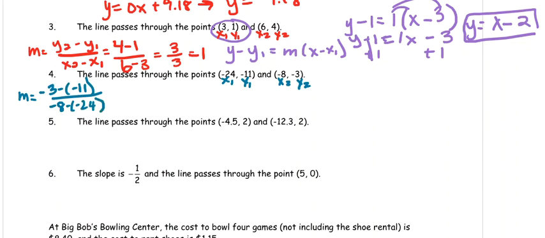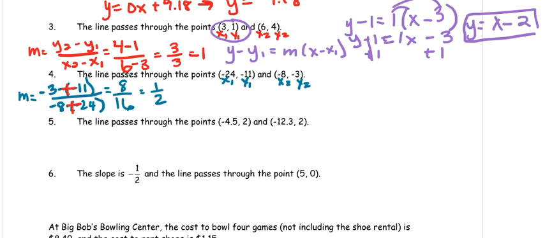And when this happens, negative, negative, you're going to have a plus. When this happens, a plus. So negative 3 plus 11 is going to be 8. Negative 8 plus 24, so 24 minus 8 is 16. And that is 1/2.